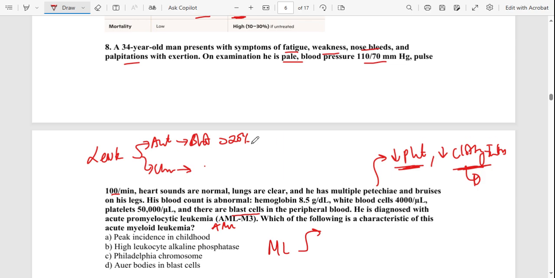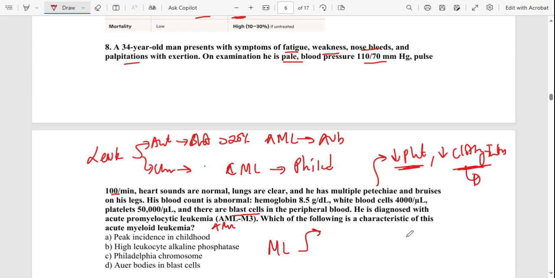Now, for the acute ones, specifically when you're talking about AML, the specific feature that you find here is going to be the Auer bodies. They are so specific to acute myeloid leukemias. Chronic myeloid leukemia presents with a specific diagnostic feature, the Philadelphia chromosome, or the BCR-ABL gene mutation.